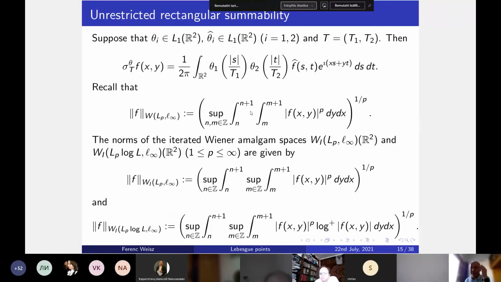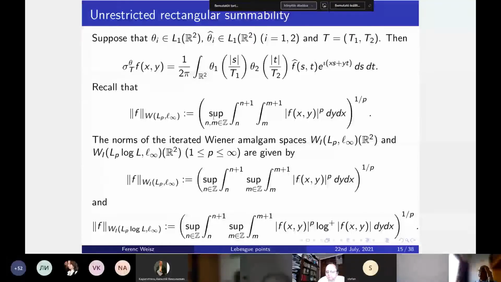I am very sorry, but I need some additional function spaces. This was the definition of the norm of the space WLP L infinity. We take the LP norm over unit cubes, and then the supremum of these numbers.